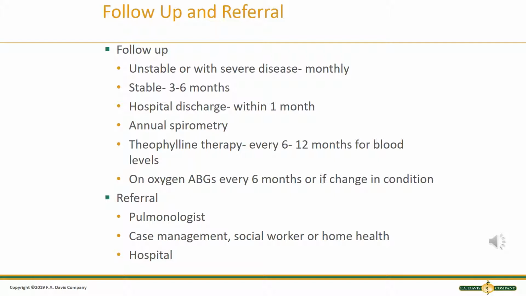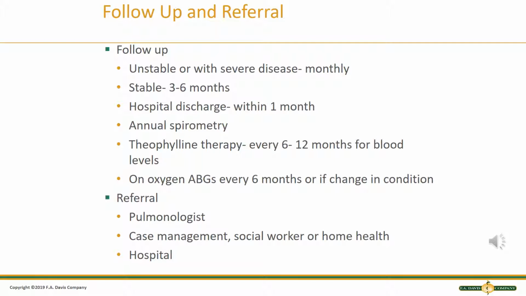Your follow-up timeframes for patients with COPD are going to depend on the severity of their disease. If they're unstable or they have severe disease, you're going to want to follow them monthly. If they're stable, you can bump it out to every 3 to 6 months. If they've had a hospitalization, you're going to want to see them within 1 month of discharge.